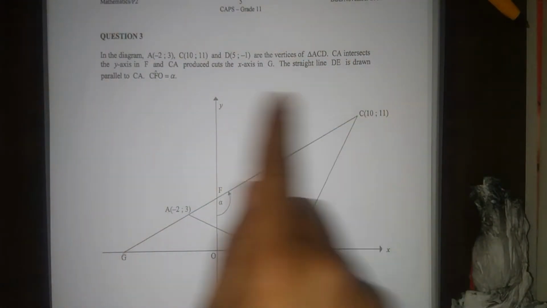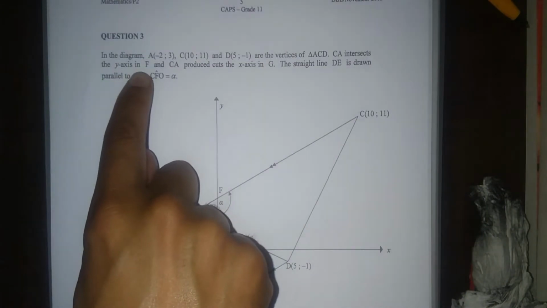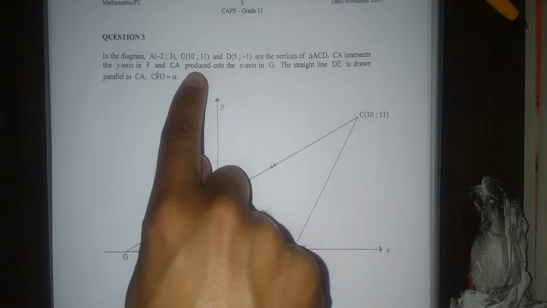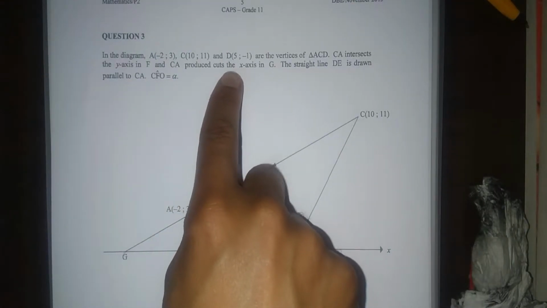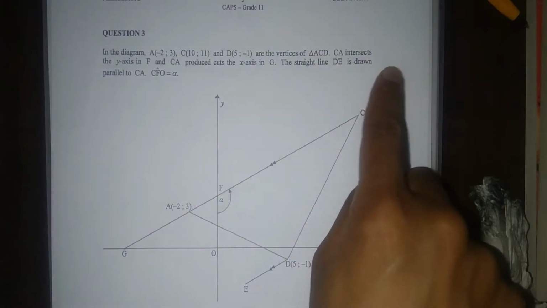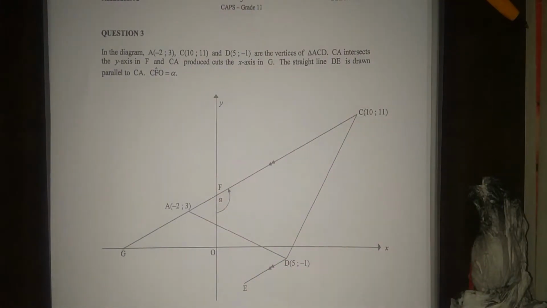CA intersects the y-axis in F, and CA cuts the x-axis in G. The straight line DE is drawn parallel to CA. CFO is equal to alpha.